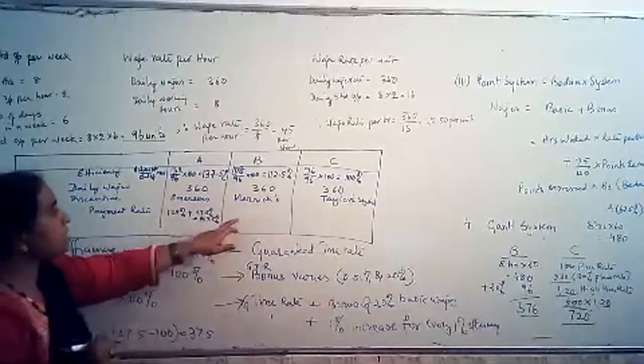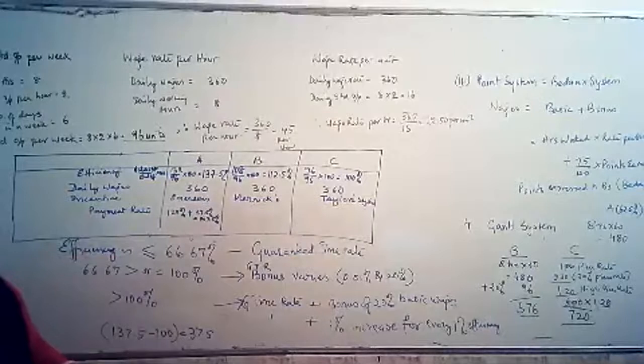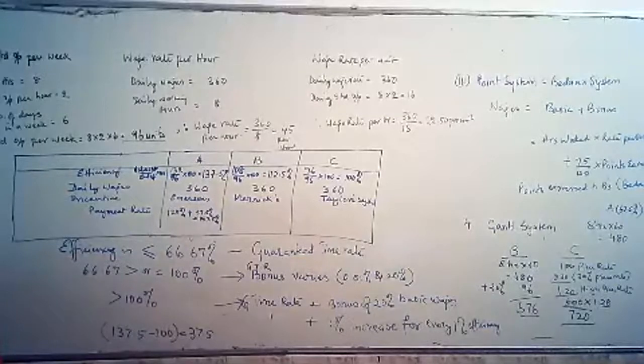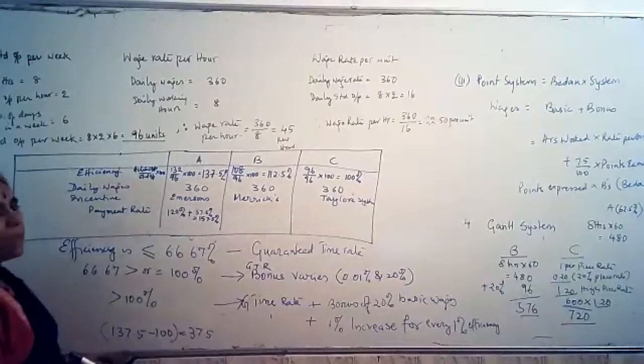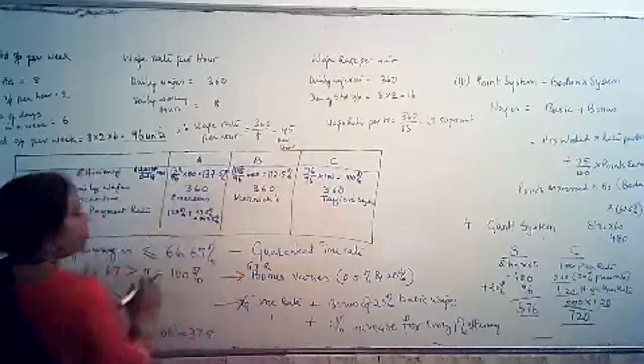In this case, let me calculate and find out how much it is. So what will he get? What is the payment rate? Wage rate is 45 rupees per hour. They have already given.